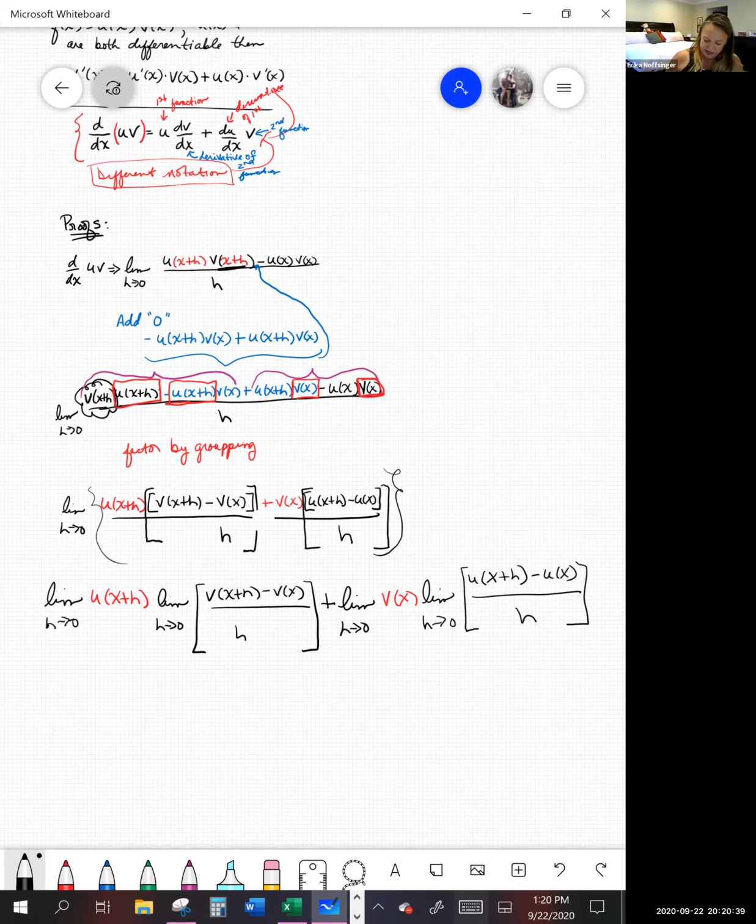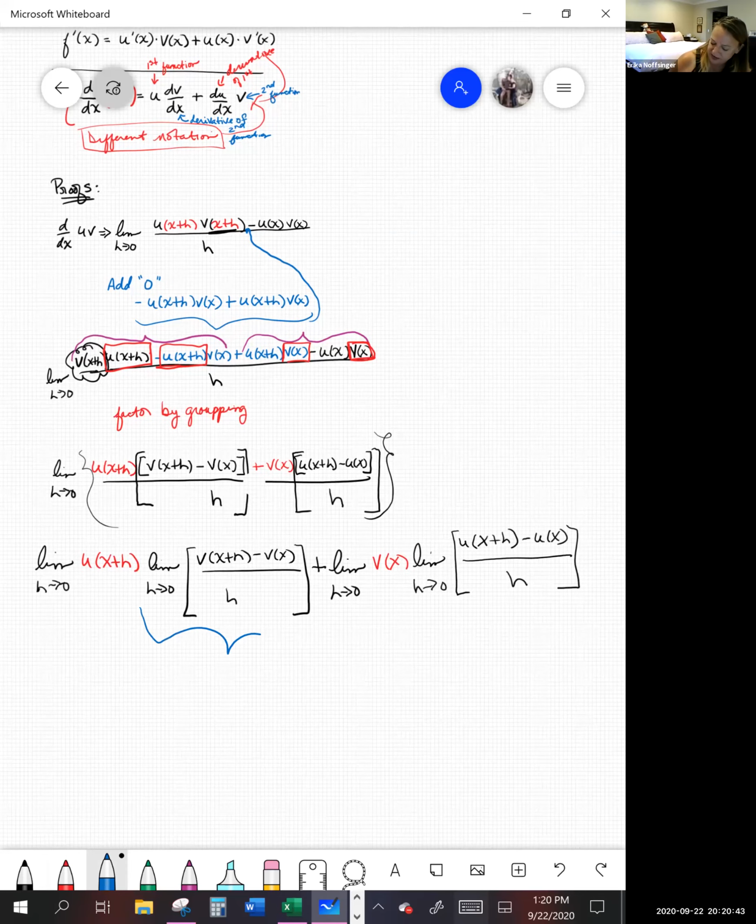So this right here is just another way of writing the derivative of v of x. So this is just v prime of x. This limit is just the same thing as writing u prime of x, or we could rewrite it as du over dx, depending on which notation we want to use.